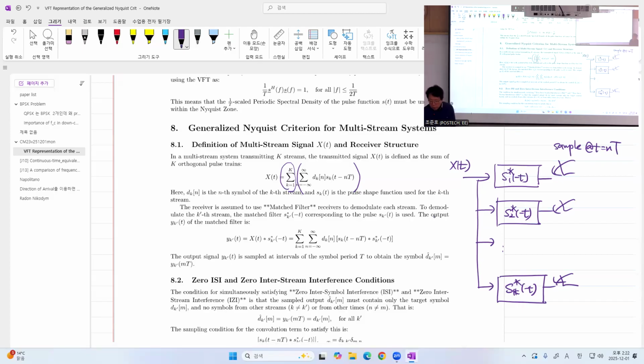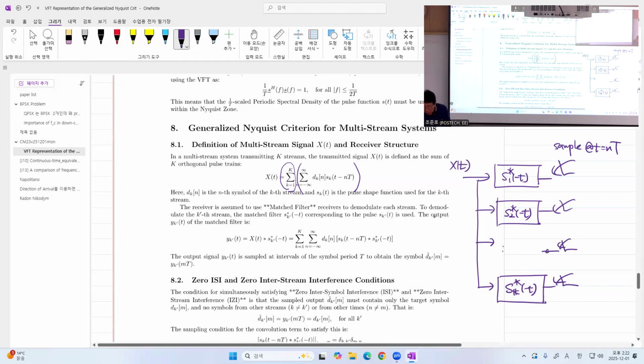Now, the output of the k prime-th branch before sampling is denoted by y sub k prime of t. So you have x of t convolved with s sub k prime of negative t, conjugate.